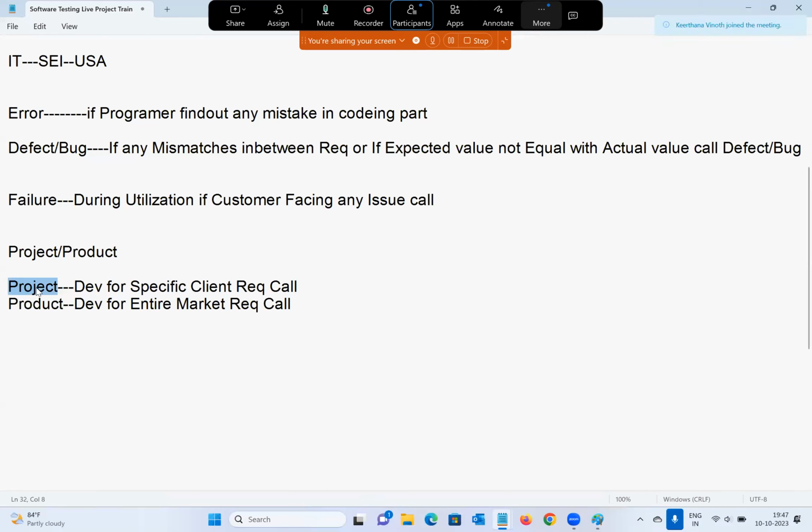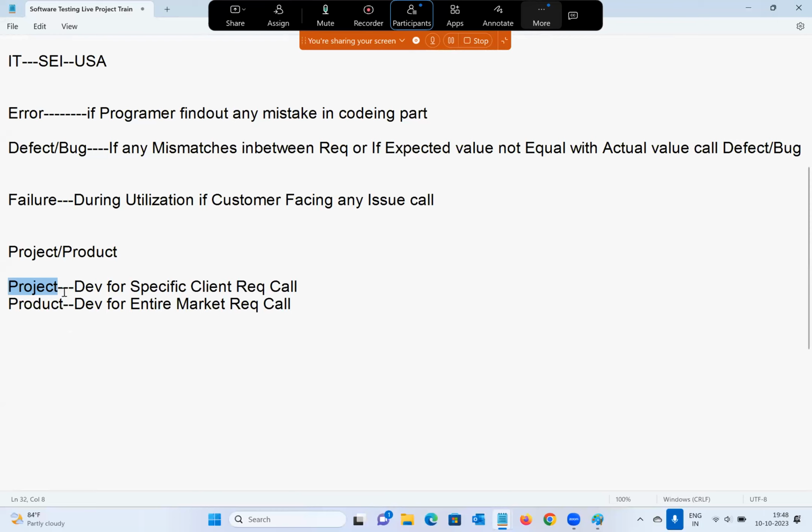Once again, guys, what is developed for a specific client requirement is called a project, and what is developed for the entire market requirement is called a product. I hope you understood, guys.